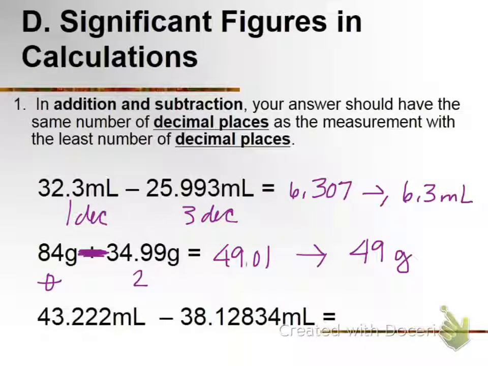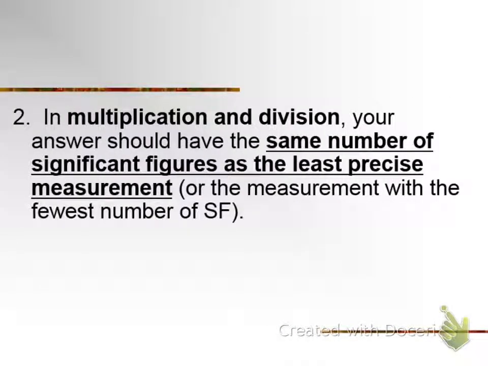Okay, so now let's do multiplying and dividing. When multiplying and dividing, you are not looking at decimal places. You do not care about decimal places. You care about the total number of significant figures, and you put your answer to match that number of significant figures.